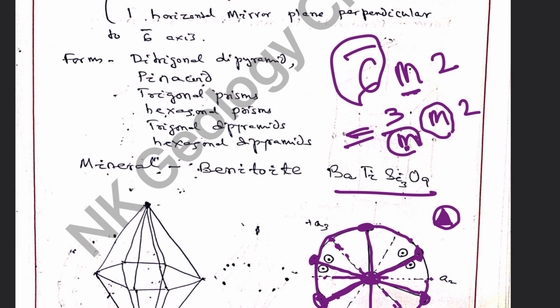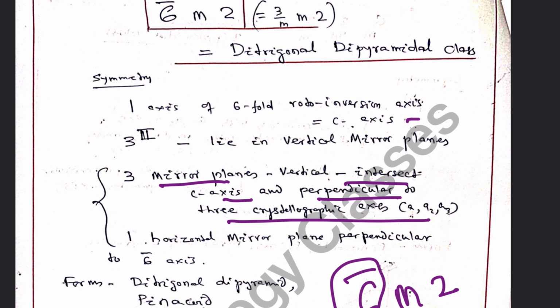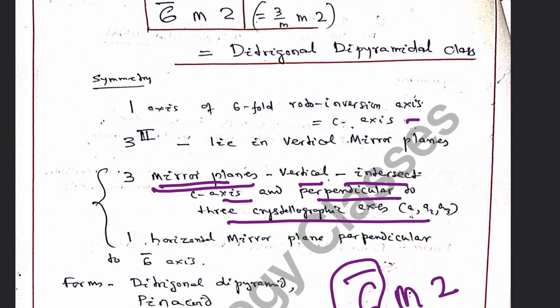So you have three vertical mirror planes and one horizontal mirror plane, so total four mirror planes. This point we have to remember here: three vertical mirror planes that intersect the C axis and are perpendicular to the three crystallographic axes.